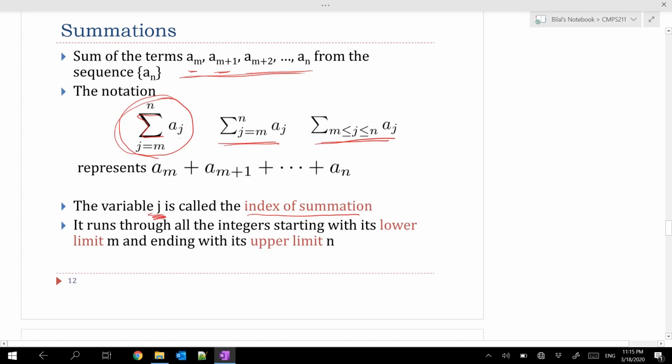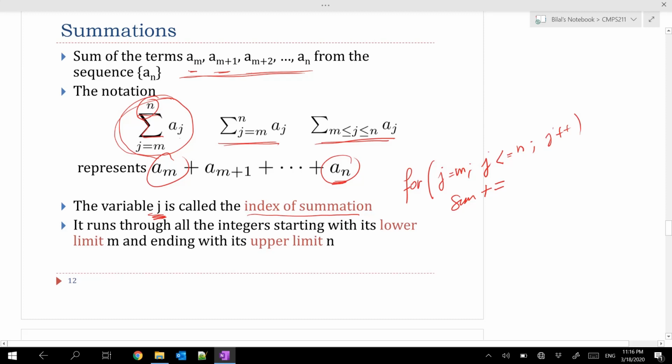This is quite similar to what you do in loops. If you are already familiar with iterative programming and use for loops, particularly in C++ or Java, maybe you're used to writing for j equal m, or a certain initial case, j less than or equal to n, because when we write the summation in this way, we mean that we start from a_m and we end at a_n, included, with j plus plus, and you're accumulating in a certain variable sum: the previous sum plus a_j.